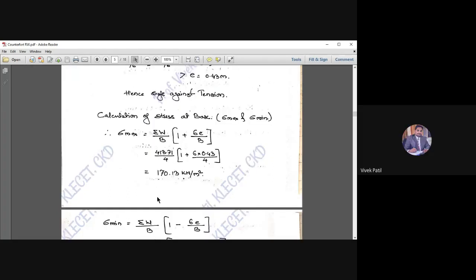Let us see whether our value is the same. Yes, 36.71 kilonewtons per meter square. Up till here, any doubts? Anybody having a doubt?